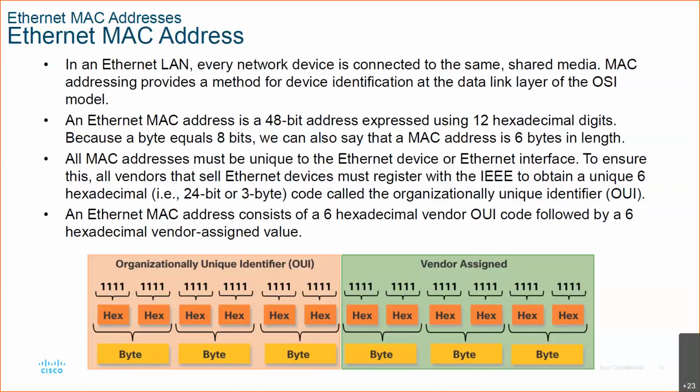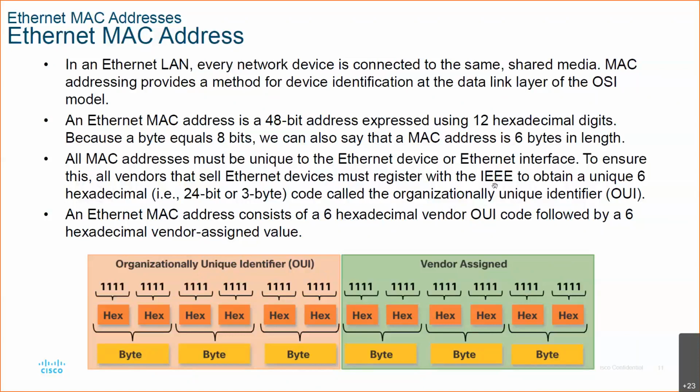Now the question is, how is this achieved? Very simple. You go to IEEE and ask IEEE to give you an OUI, that is an Organizationally Unique Identifier. IEEE will say, Samsung, this is your OUI. Huawei, this is your OUI.